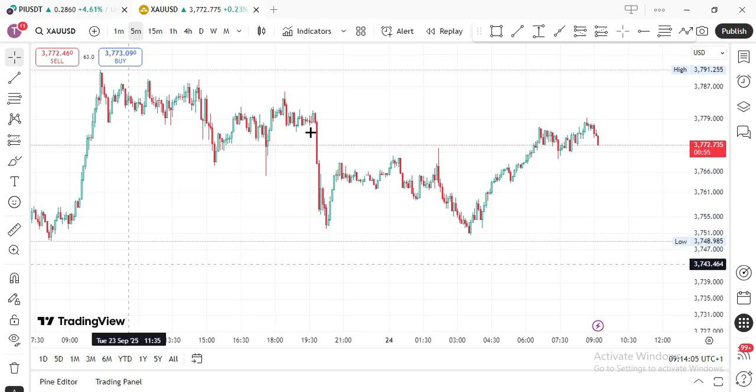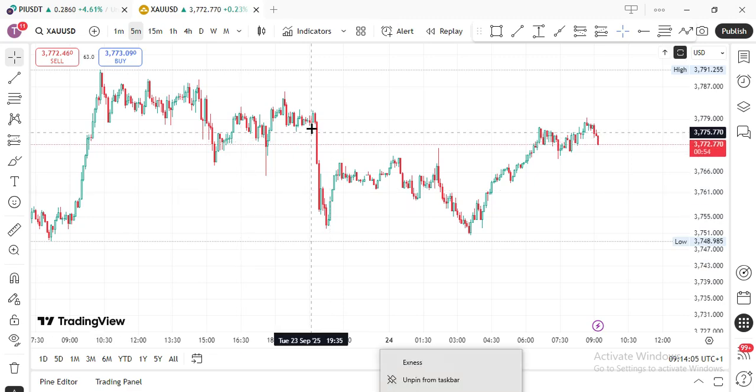So as I was saying, when these three candlesticks come together and there is a gap between the first and the third one, basically a fair value gap has formed. There is no mystery behind it.